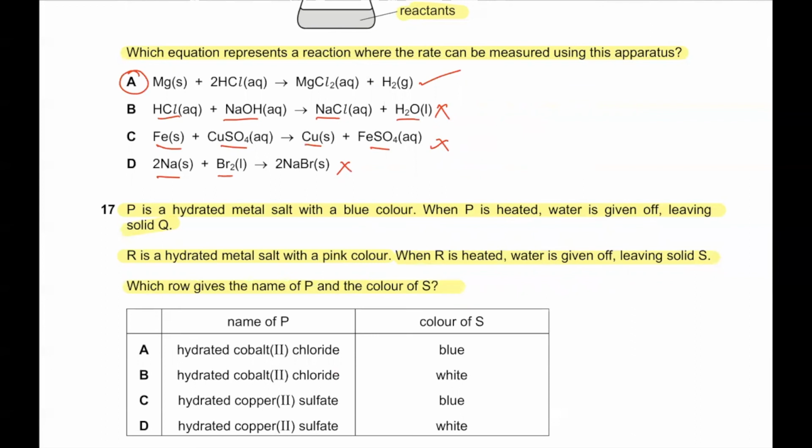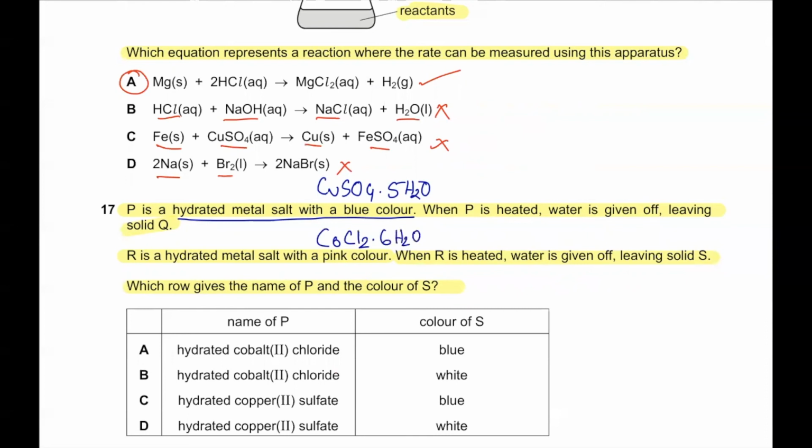So guys, in our syllabus, the hydrated metal salt that had blue color was CuSO4.5H2O. We know it very clearly. And the hydrated metal salt that had a pink color was CoCl2, which had 6 water of crystallization.